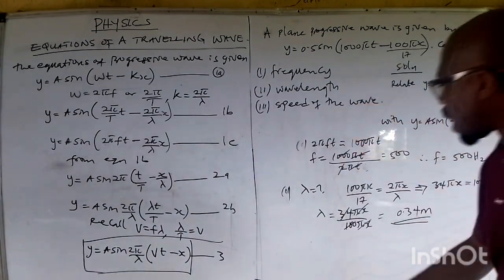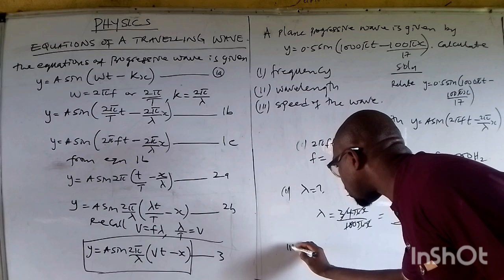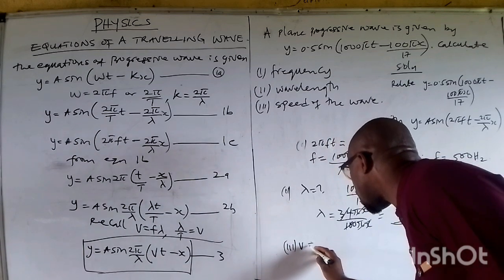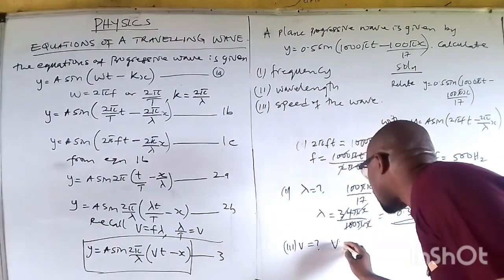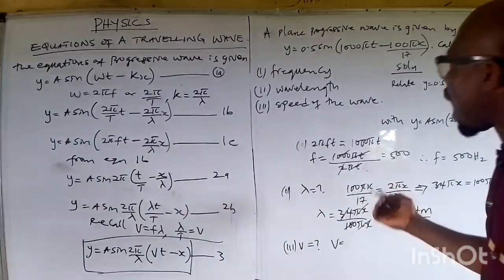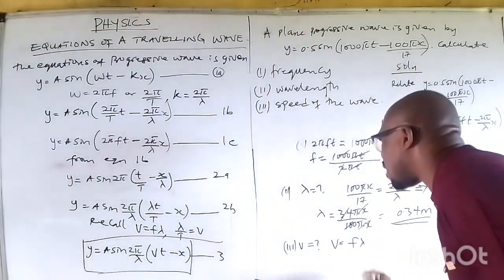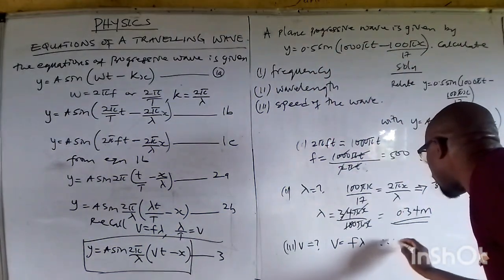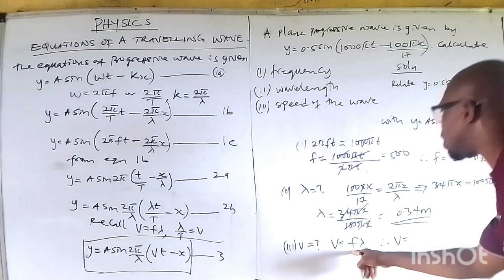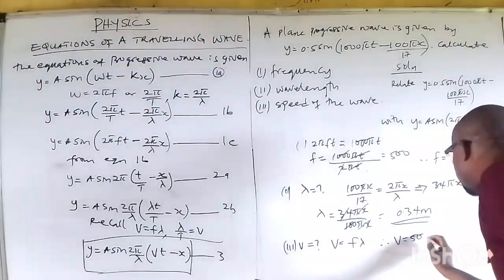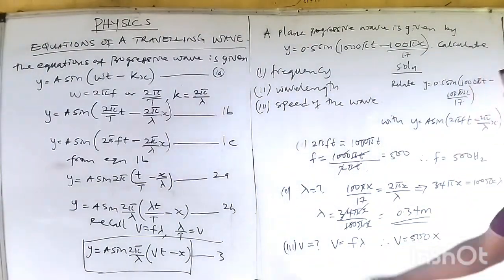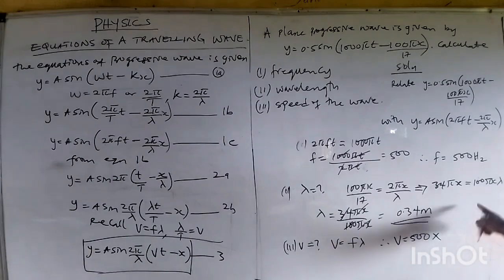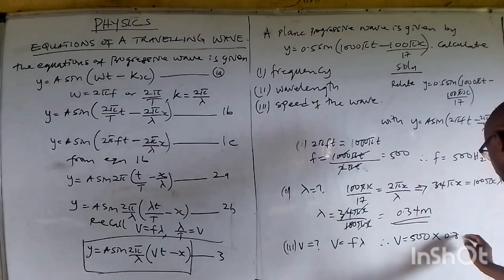Now for the last one, wave speed. Wave speed is v, which is not given. Wave speed is given as f lambda. So we now have that v is equal to f, which is 500, times lambda, which is 0.34.